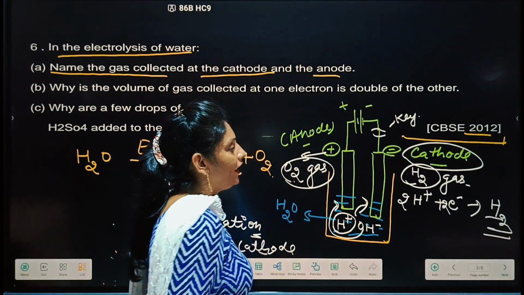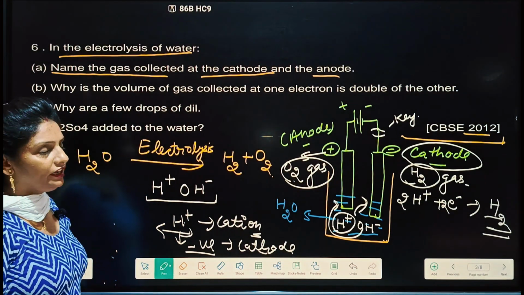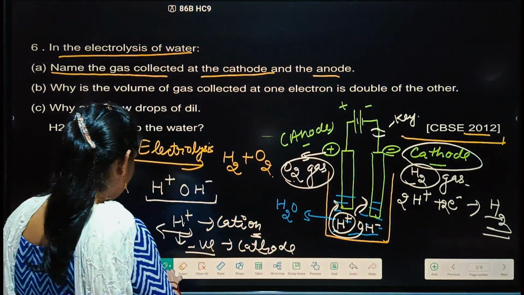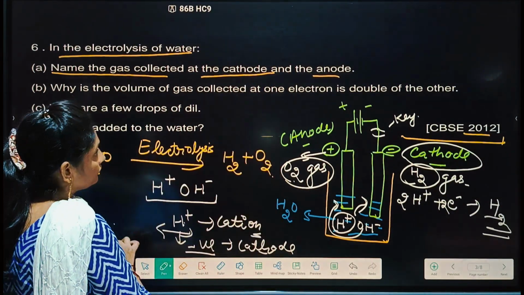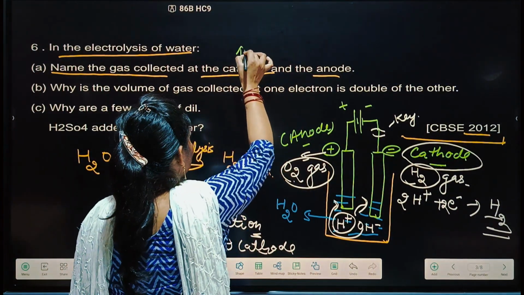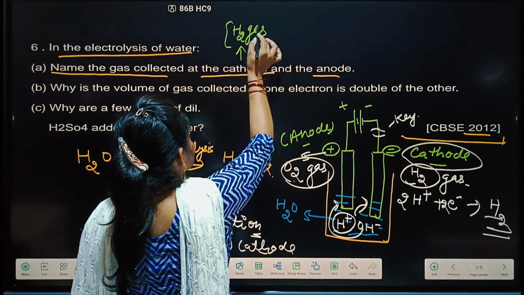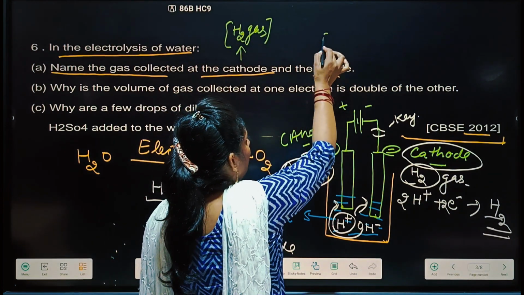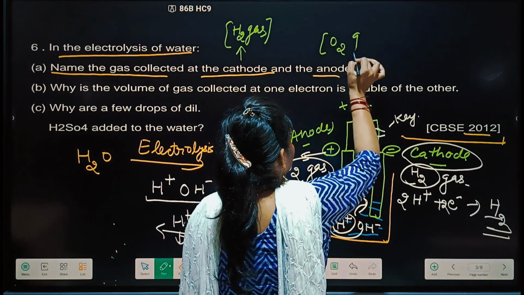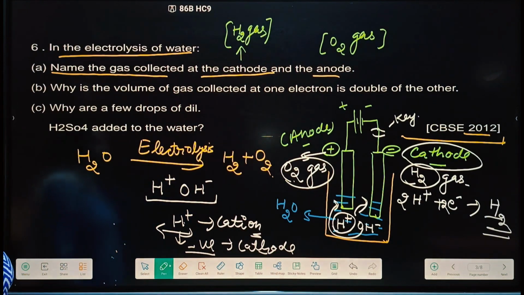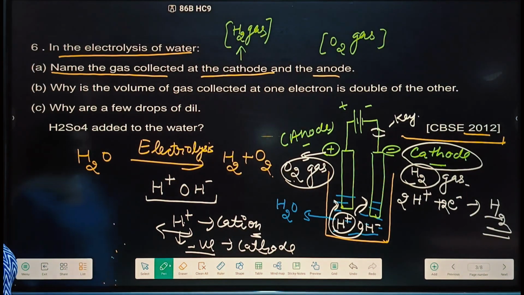If we know about hydrogen gas, then easily we can tell about oxygen also. Okay, so simply you can give the answer.